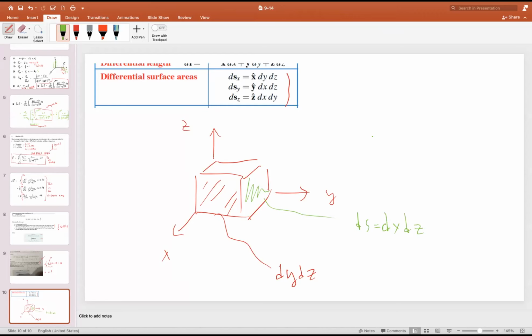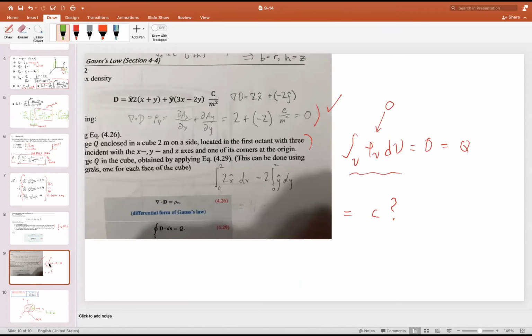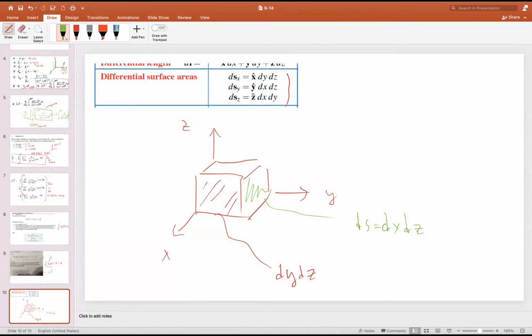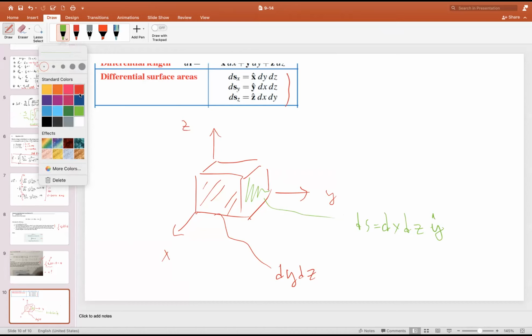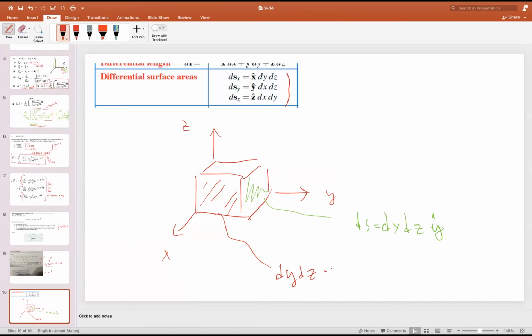So you'll need to do 6 different integrals of this D dot ds. And you will also need to include, right, on this one, this is y, and this one is x. So when you take the dot product, you'll get a scalar result, and the summation of these should be equal to 0.